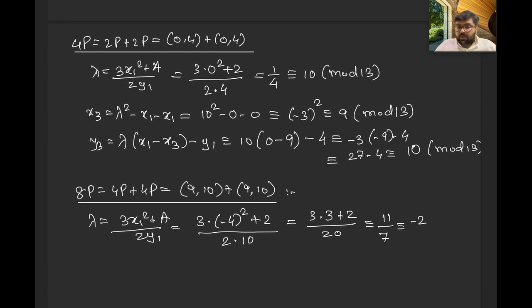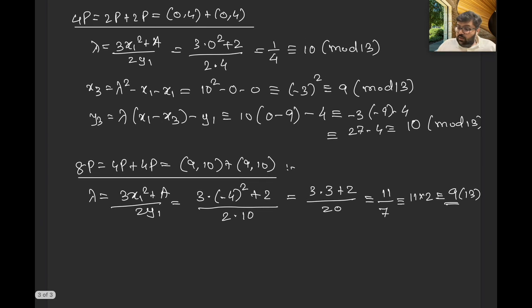Or I can just use 11 only. 11 into 2 is 22, so that is 9 modulo 13. So lambda is 9. And what is x3? Lambda square minus x1 minus x1. 9 square minus 9 minus 9, which is 9 I take common.